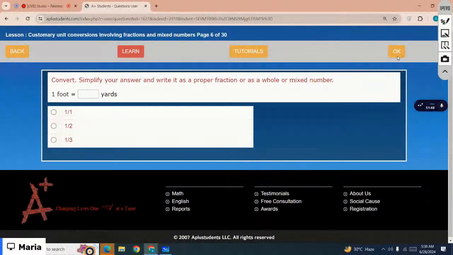The correct option is 1/3, is the correct option.